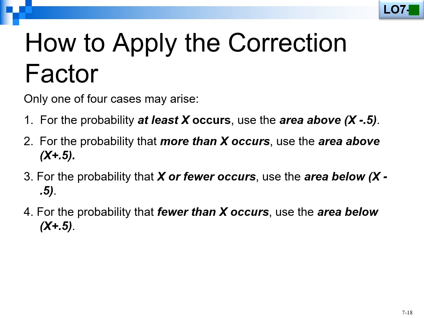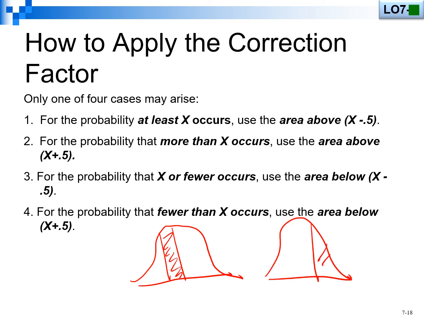Again, I think sometimes if you try to get into just memorizing these, it can actually make it more confusing, which is why, if you just simply draw your curve, you locate what data points you're looking for. In fact, it might even be something like this. You might only be going one direction. If we're going to the right, we would be subtracting 0.5.